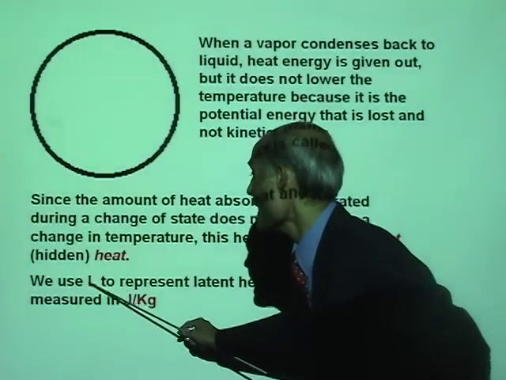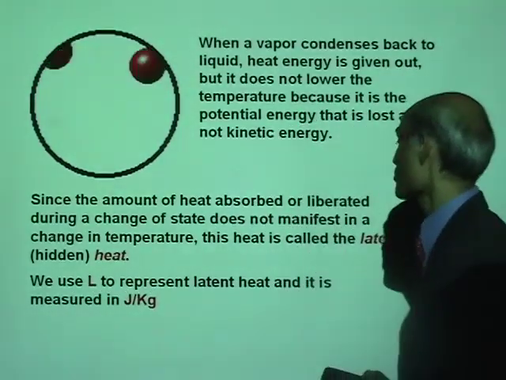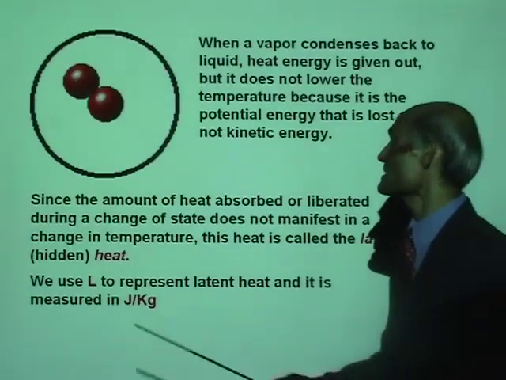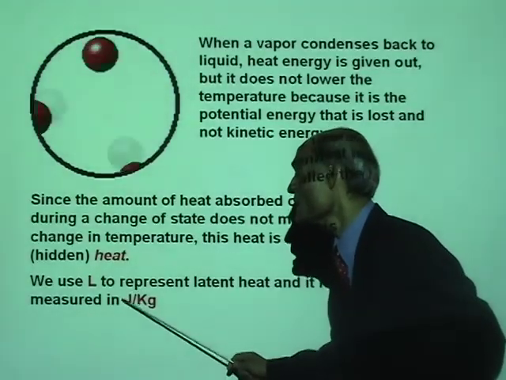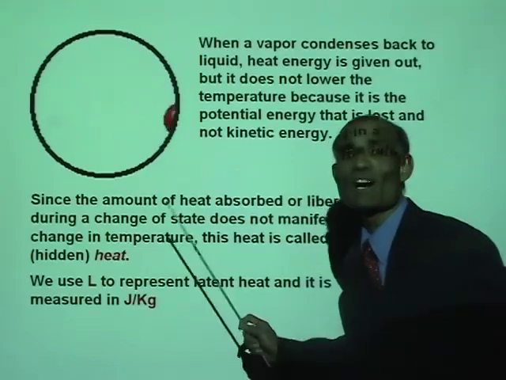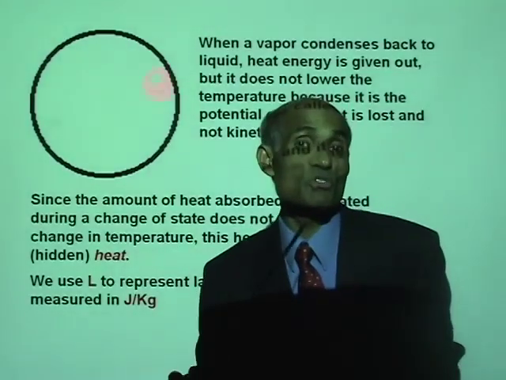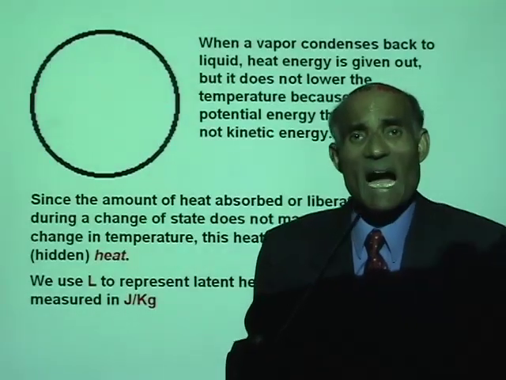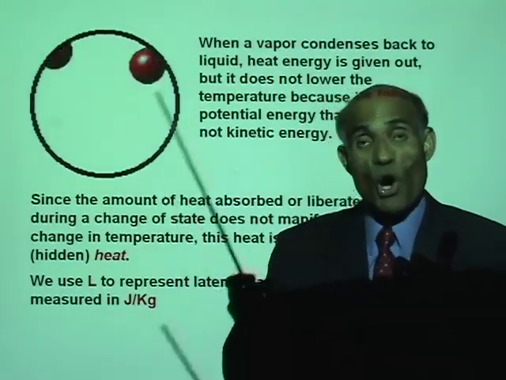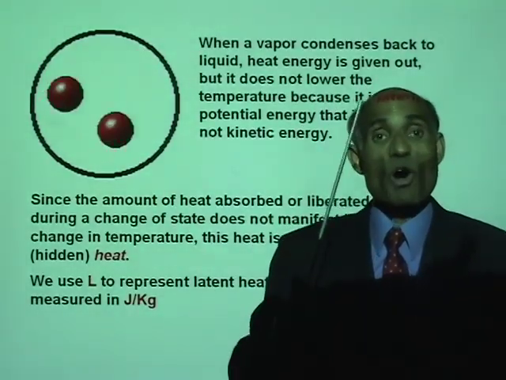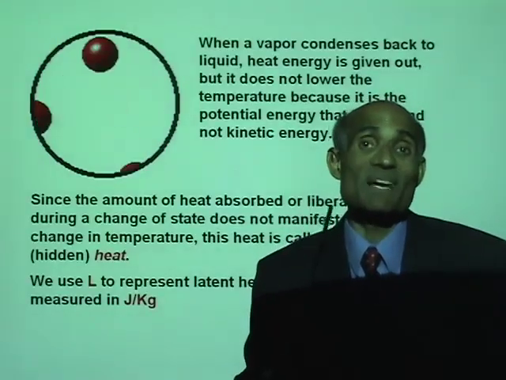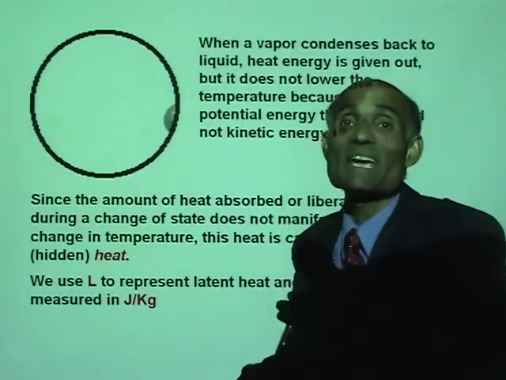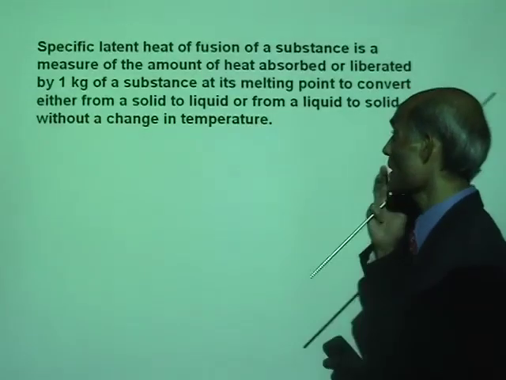Now, we use uppercase L to represent latent heat, and it is measured in joules per kilogram. Remember, there is no change in temperature. It is the amount of energy either absorbed or liberated for 1 kilogram of the substance to change its state. Joules per kilogram.